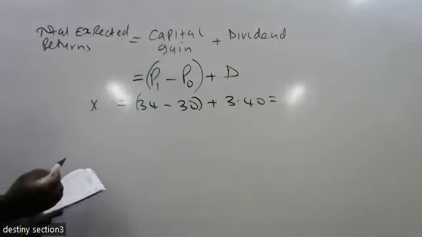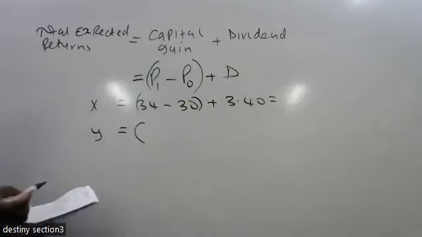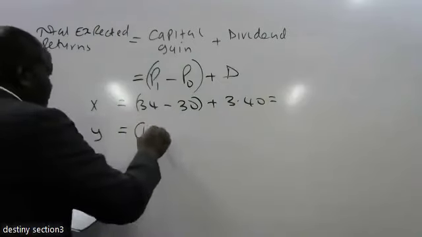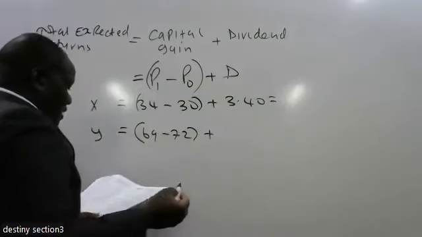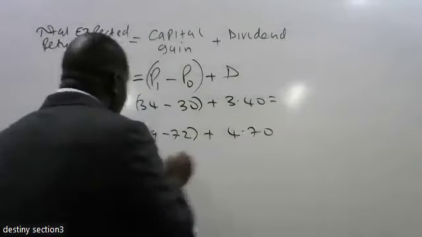We do the same for Y. The one for Y is 69 minus 72, then we also add 4.70.